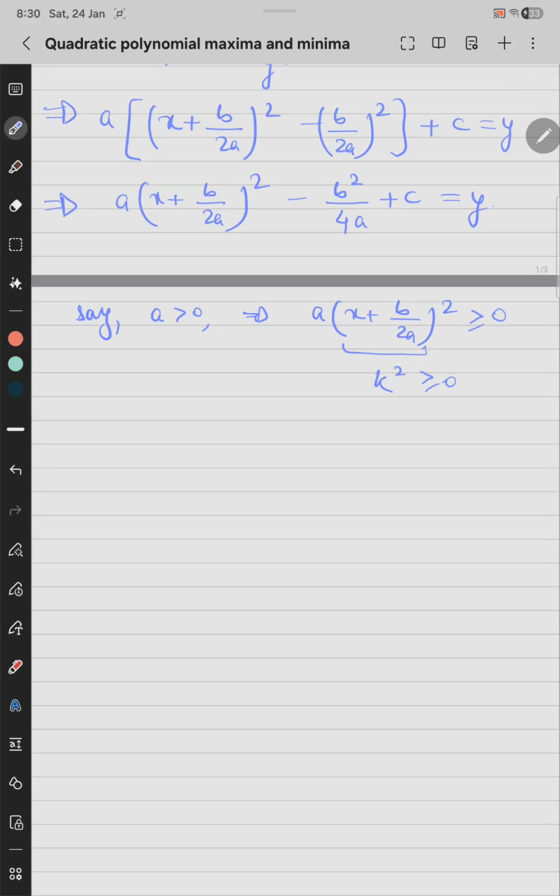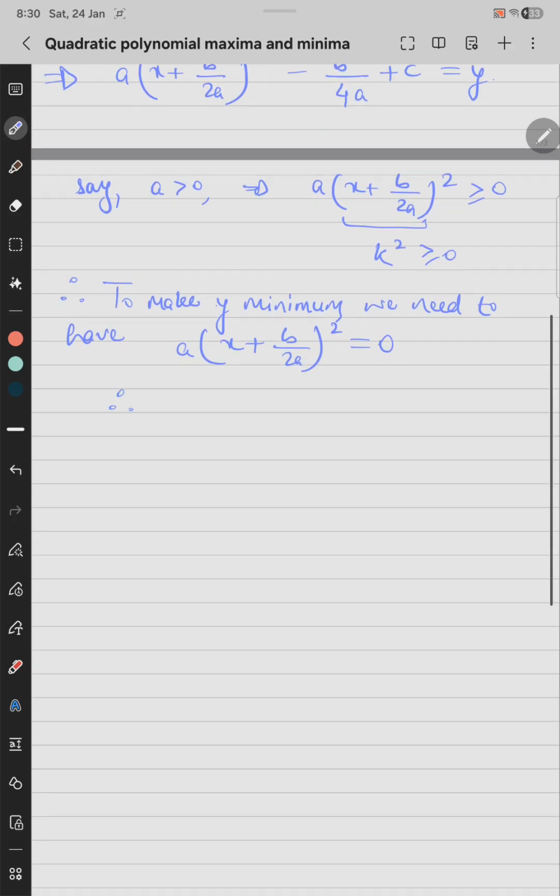Now to make y minimum, we need to have a into x plus b by 2a whole square equal to 0. Since a is not equal to 0, x plus b by 2a whole square needs to be 0, and therefore x needs to be nothing but minus b by 2a.